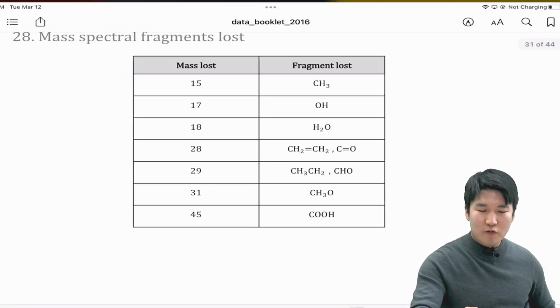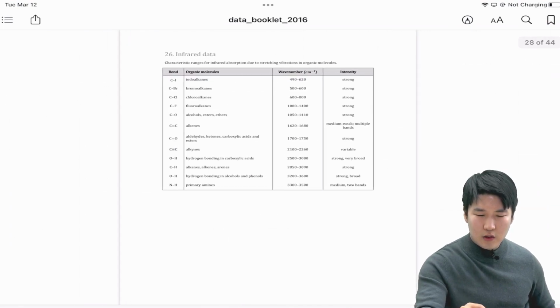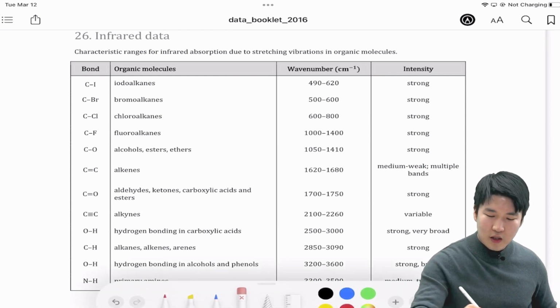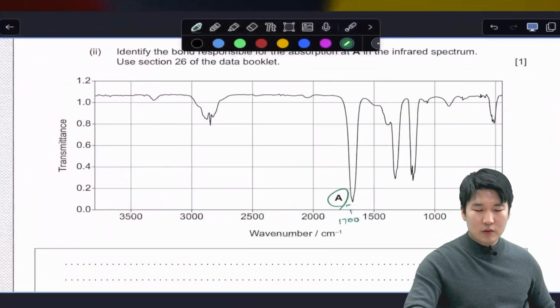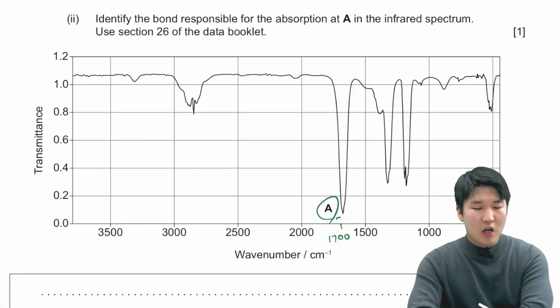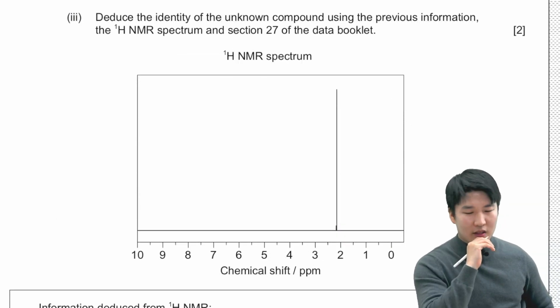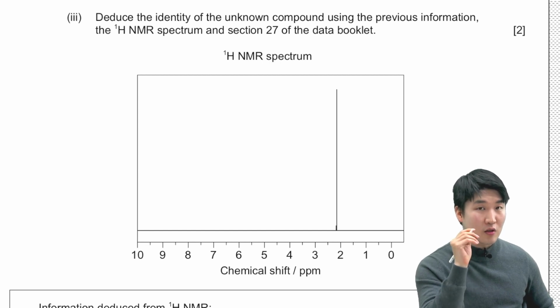According to the infrared data, we are specifically looking at carbonyls. There's a carbonyl group within our unknown compound. We're now given some NMR data which shows a single peak spectrum, which means there's only one hydrogen environment. And that tells us a lot about what our molecule is.